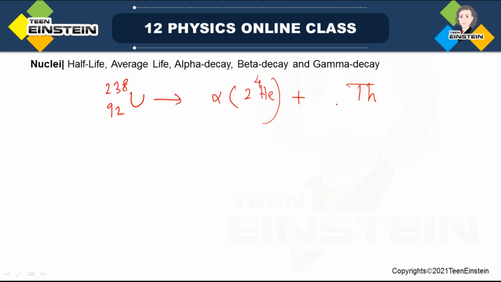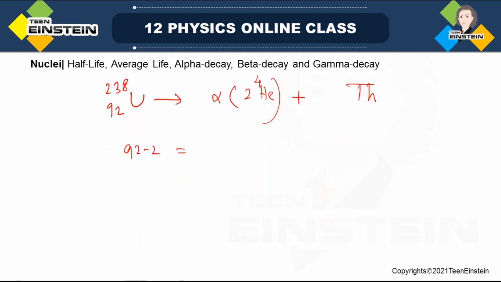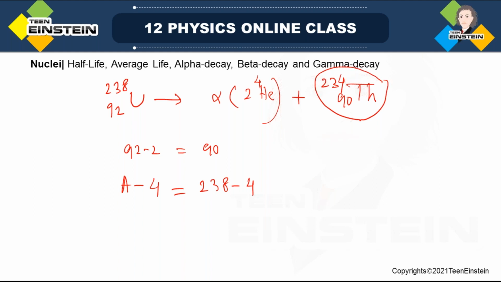See how Z changes: 92 minus 2, so it will be 90, and the mass number reduces by 4, so 238 minus 4 gives 234. This is a completely new nucleus than uranium, even though it is also radioactive. This is called the daughter nucleus, and this is the parent nucleus.